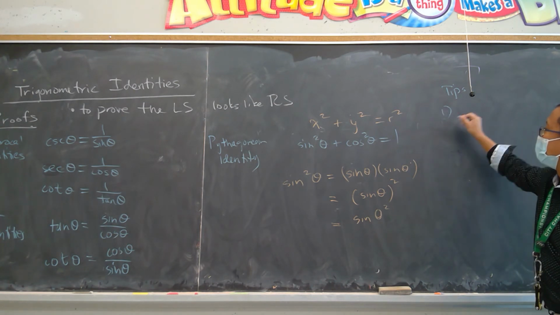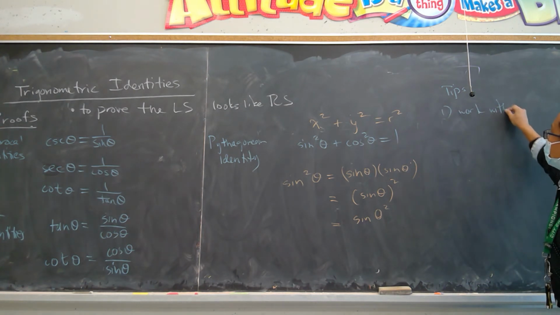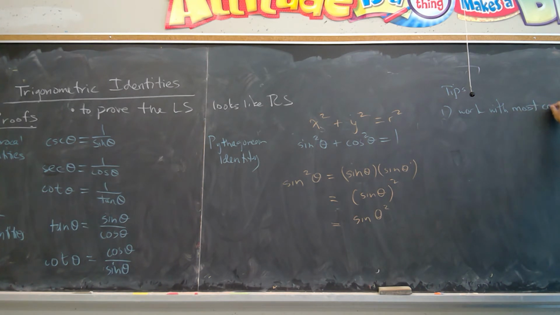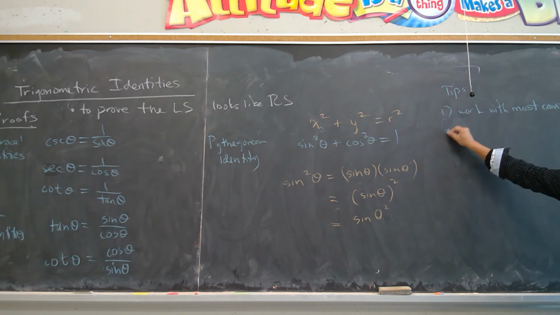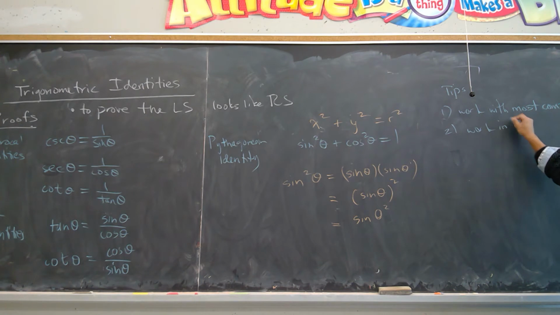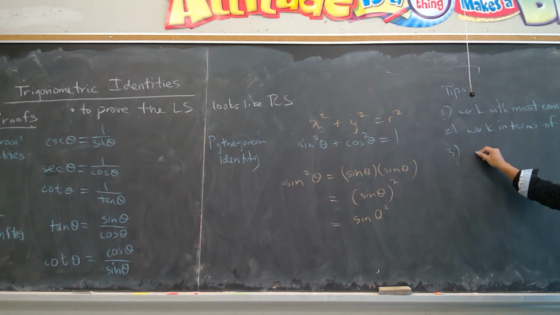Tips. Work on one complicated side. Work in terms of sine and cosine. Remember algebra: expand, factor, difference of squares, conjugates.